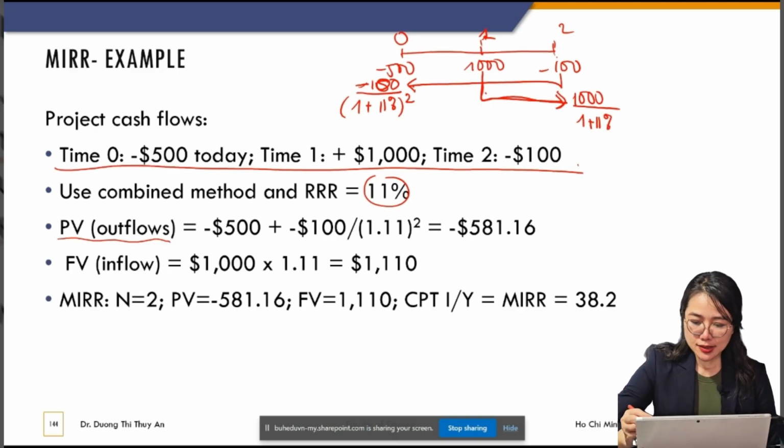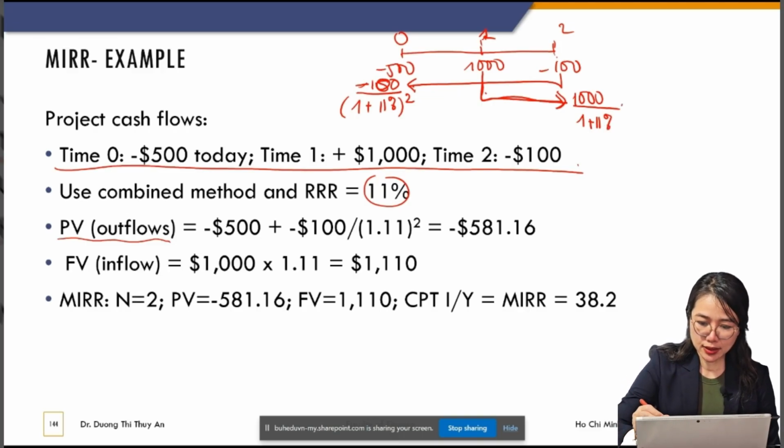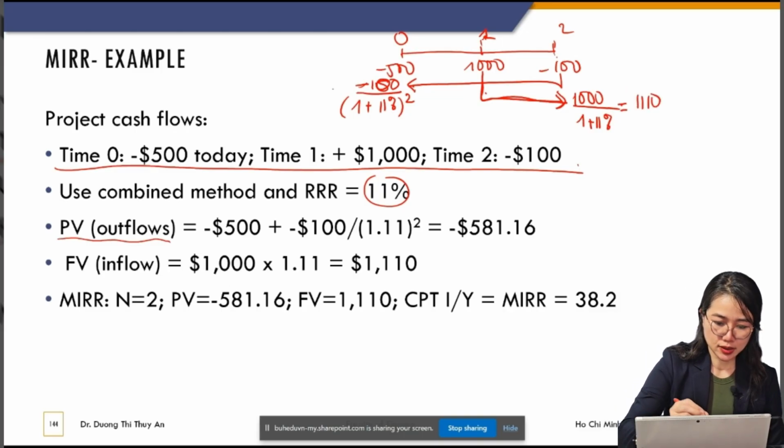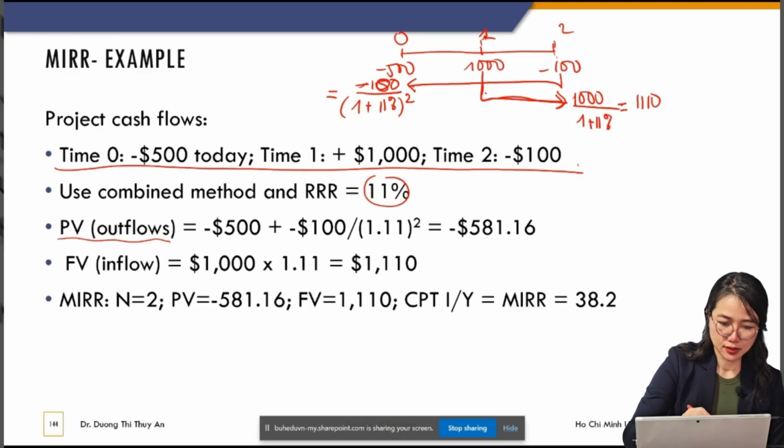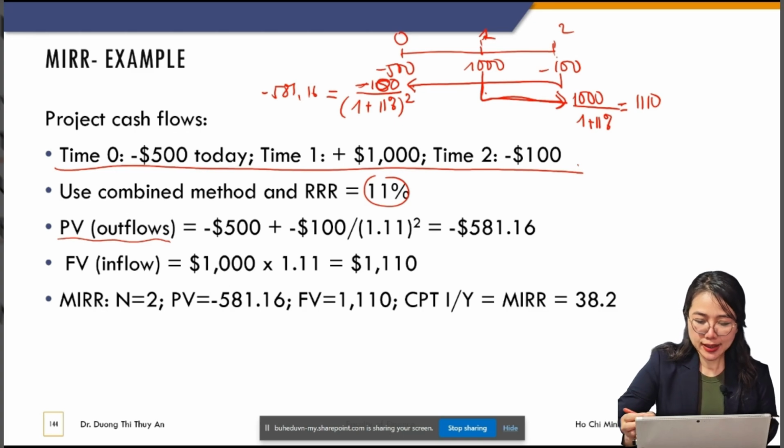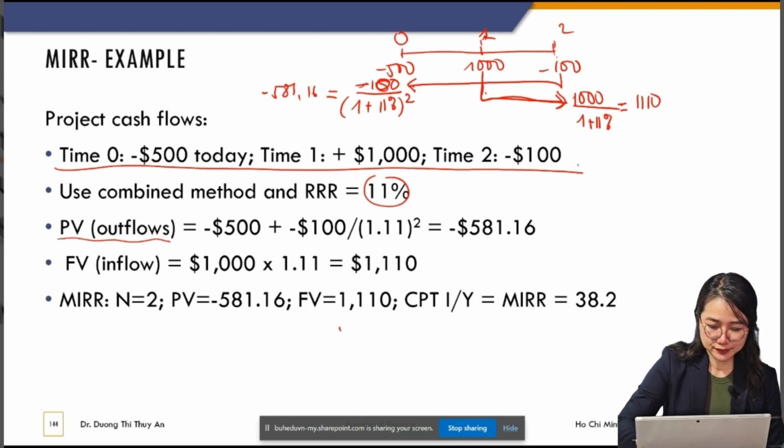So now it becomes 110, and this one becomes this. And then this is our new cash flow after the transform.